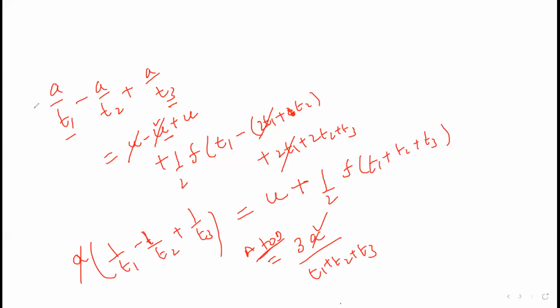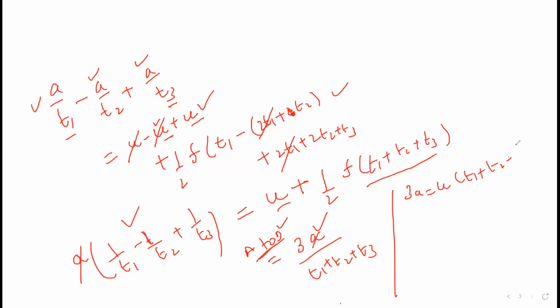So we subtracted these, A by T1 minus A by T2 plus A by T3, and on the right hand side you will get these expressions, and on the left hand side A is common, and from here U and U cancel out, 1 U is remaining, and here half F T1 plus T2 plus T3. So the A to D motion equation we had was 3A equals U T1 plus T2 plus T3 plus half F T1 plus T2 plus T3 square.